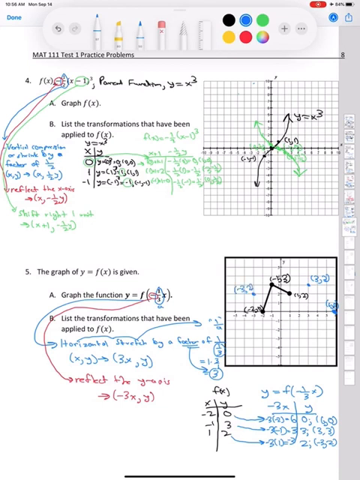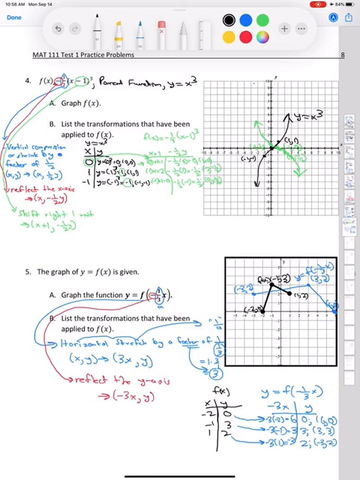And now we can connect these points to show our graph of this function. So there's the graph of y equals f of -1/3 x in blue, and again in black you had the graph of f of x.